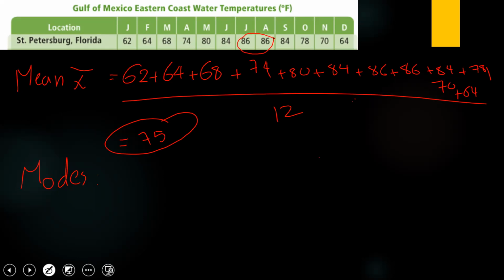And we have 84, and we have 64 also. They are repeated 2 times. So here, how many modes do we have? 64, 84, and 86. We have 3 modes.